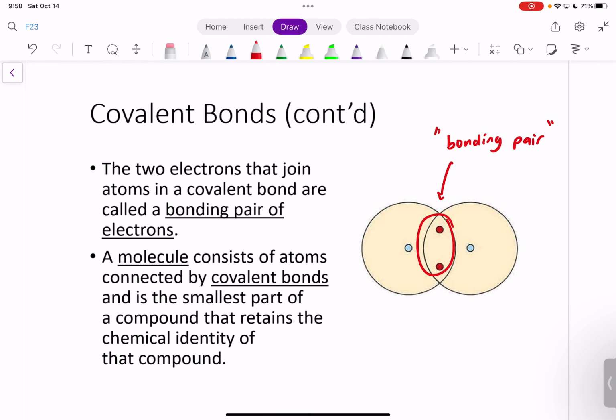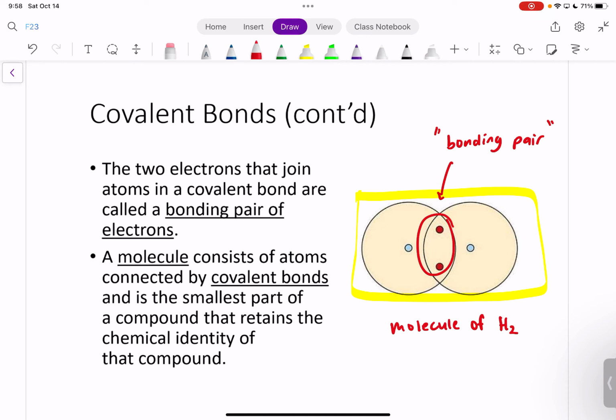And we would also call this whole thing, this H2, a molecule of H2. And that's the smallest part of a compound that retains the chemical identity of that compound.